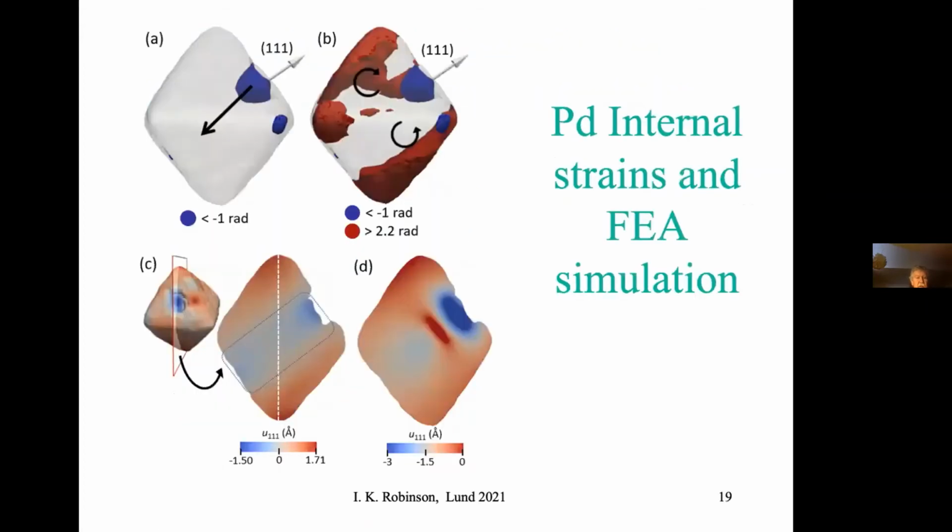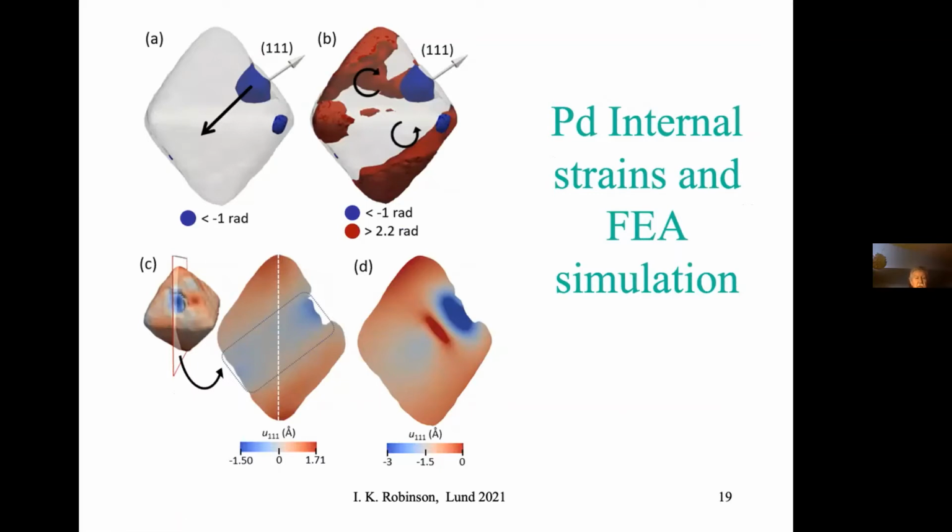So if you cut the crystal open, these are cross-sectional views through the crystal. The Q vector is this 111 going off to the right. At the top here, there is a block of material with a strong negative phase down here. So there's a strong strain associated with that blue feature that was sticking out of the facet in the middle there.